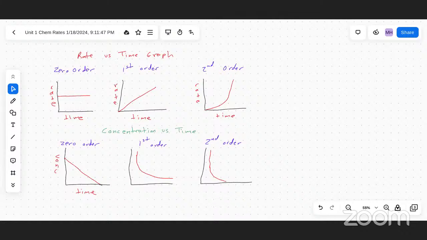It will stay the same. With first order, rate is directly proportional to the concentration, so you will get a straight line. And then this is second order. So when it is rate versus time, this is how the graphs will look. If it is concentration versus time, this is how they will look. All right. So they will appear on the questions we're going to do now.